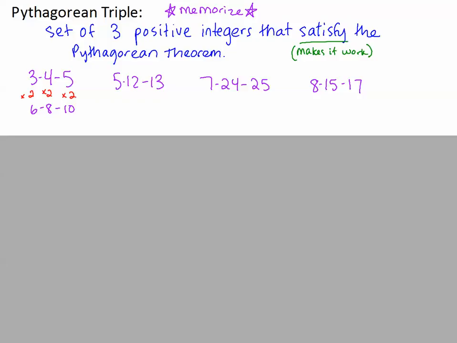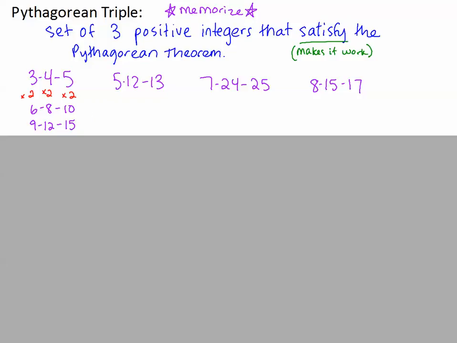If I multiply all these times 3, 3 times 3 is 9, 4 times 3 is 12, 5 times 3 is 15. 9, 12, 15 is another triple. So again, it's important to memorize these 4 basic triples, and then to know that we can create a triple from any one of these. So again, memorize, it'll make your life easier.